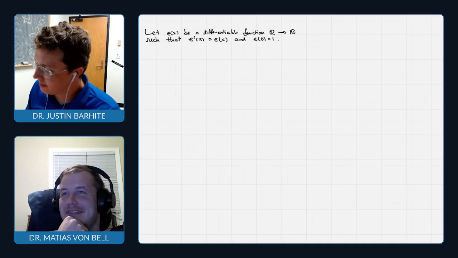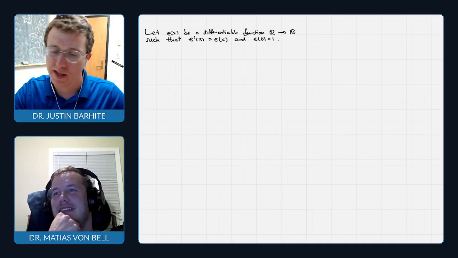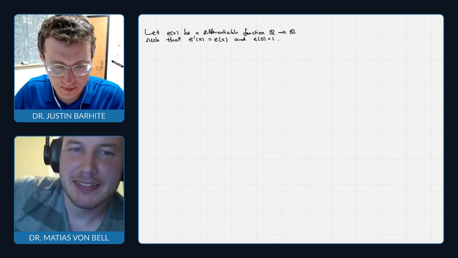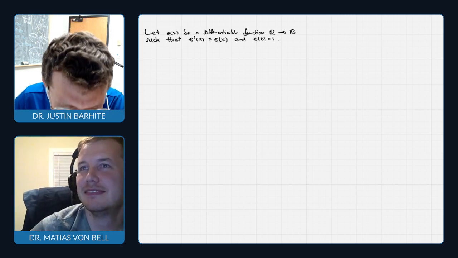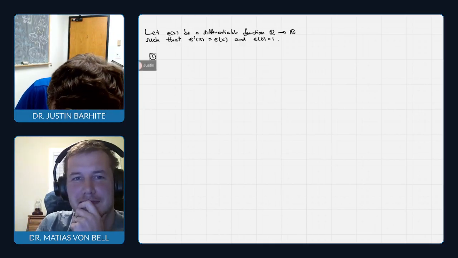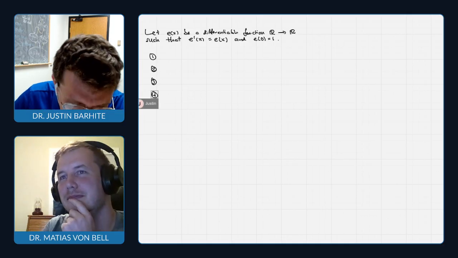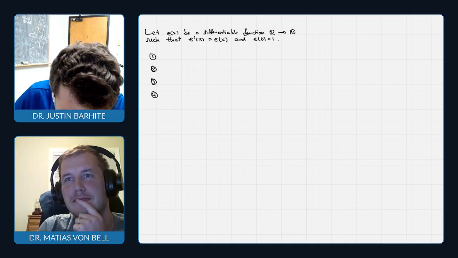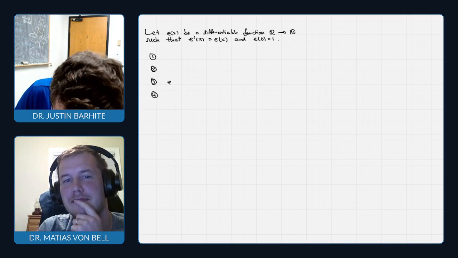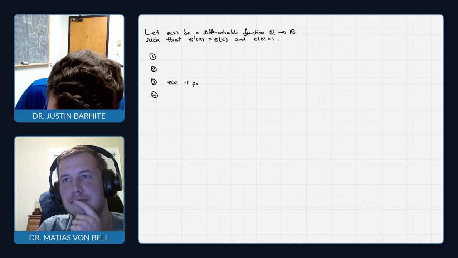All right, so Matias, now that I've written this out, tell me things that you know about the exponential function. It's positive. Okay. I've got them arranged in a certain order, so I'm just going to look up. So e of x is positive.